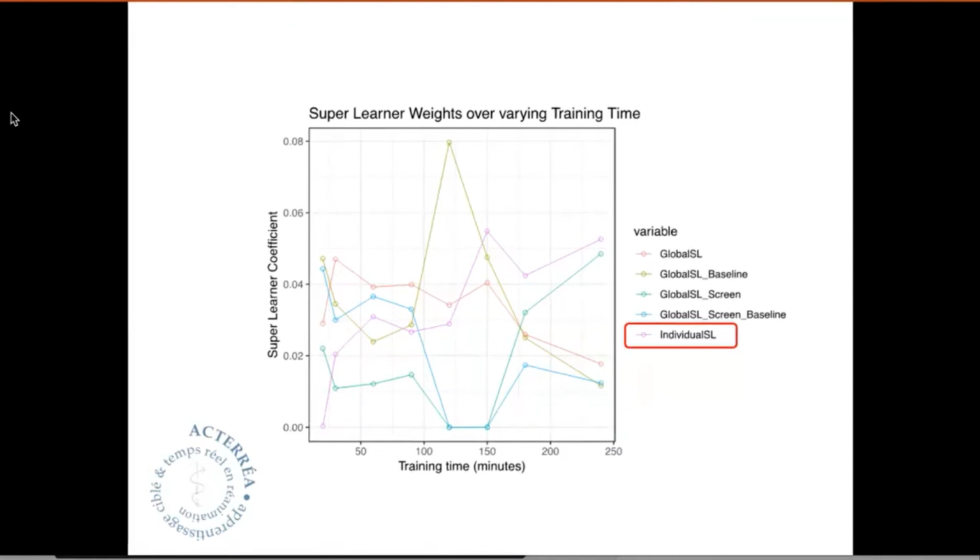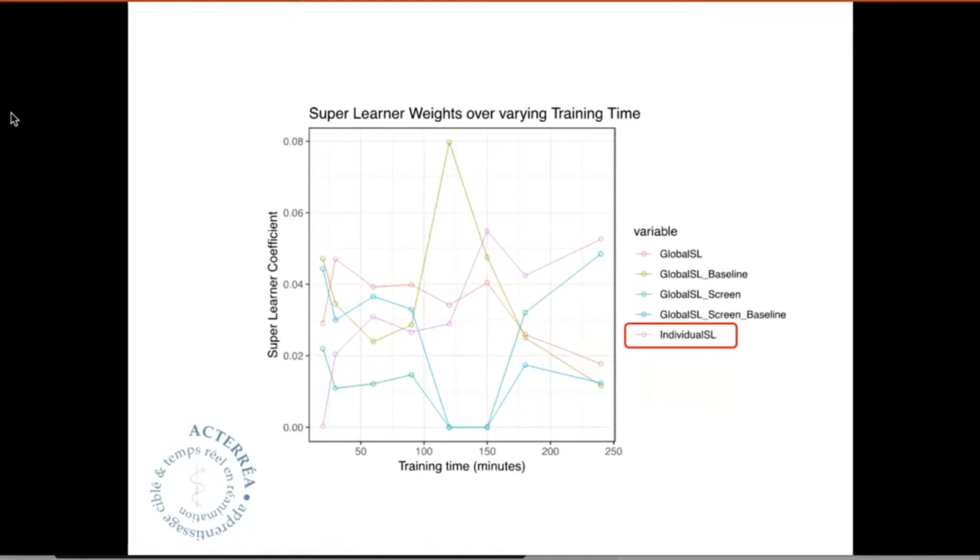The interesting thing here is that at the beginning of the ICU stay, as you can imagine, the algorithms that are weighted the most are the ones that are learning across patients from this historical data set. But over time, as you can see here, the individual learner is picking up, and this is actually the coefficient in the overall Superlearner that is given to each one of the candidates.